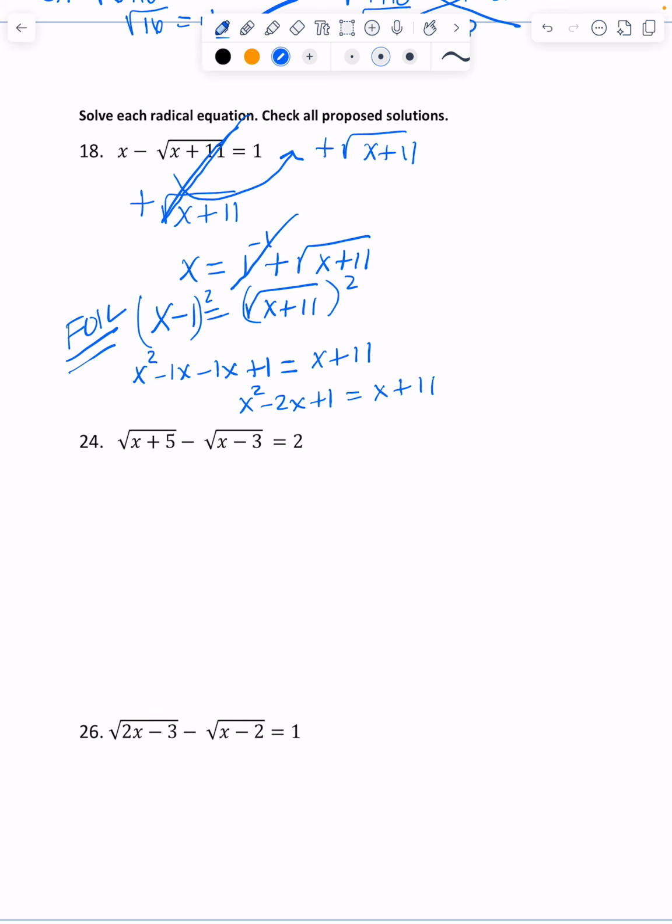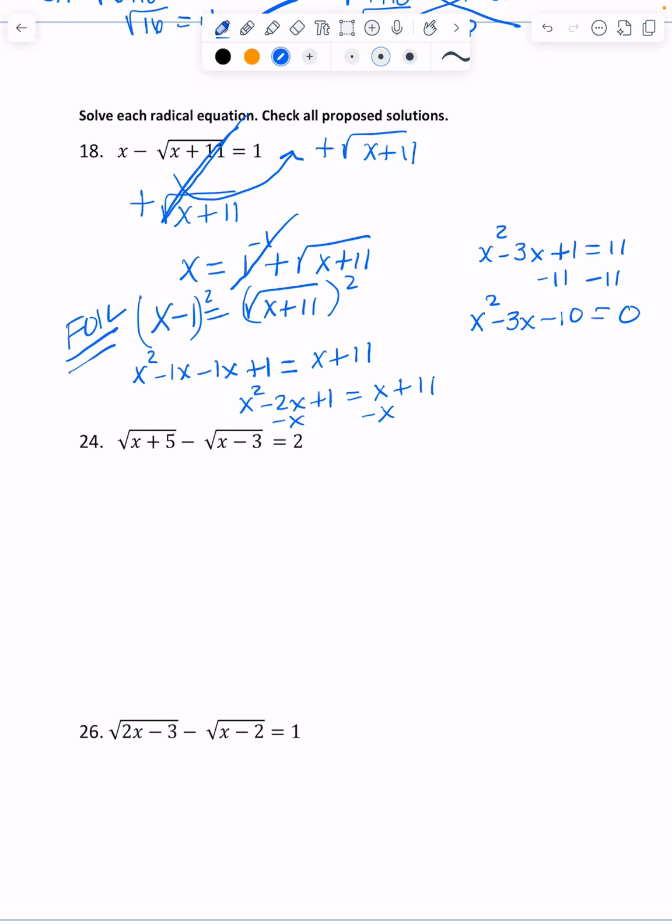Now we're going to set everything equal to 0. So moving positive x to the other side, we're going to subtract x. That gives me x squared minus 3x plus 1 equals 11. And now I'm going to subtract 11 from both sides, and I get x squared minus 3x minus 10.